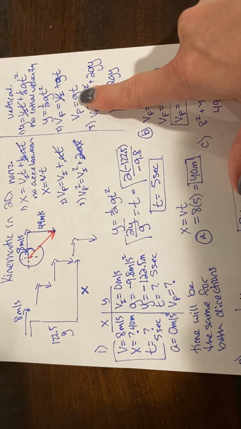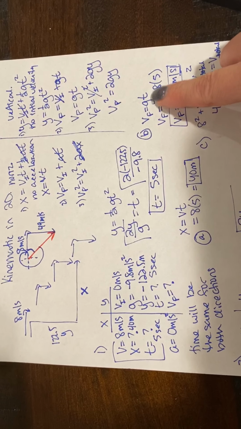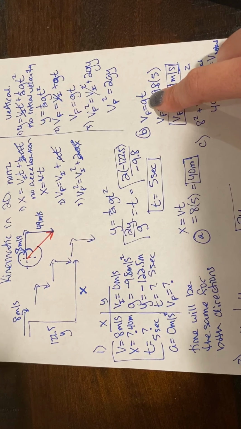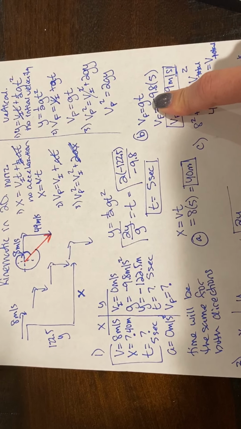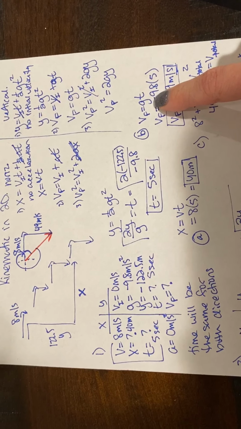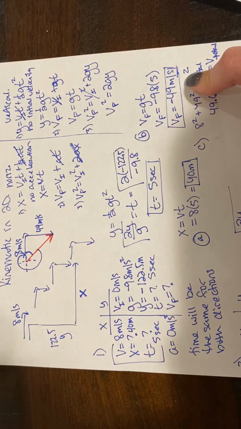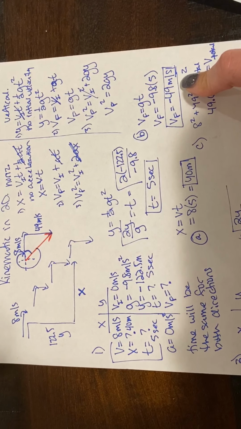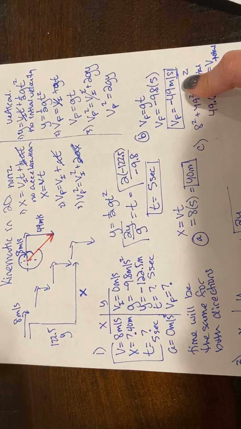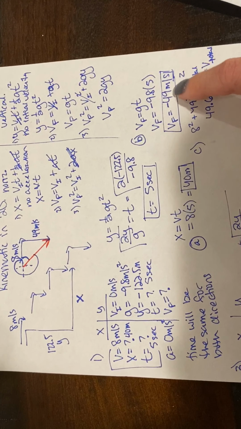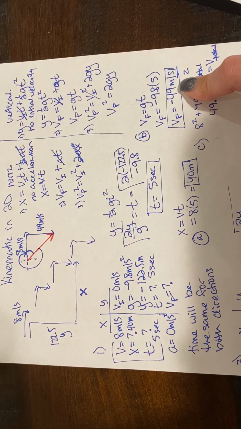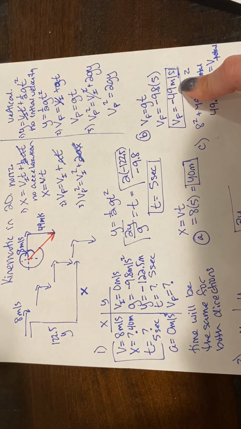So I used my equations for the vertical. I know my time now, which is 5 seconds, and my acceleration is implied at negative 9.8. So I got a negative 49. Your velocity in the vertical will always be negative because you're going from some higher position to some lower position.